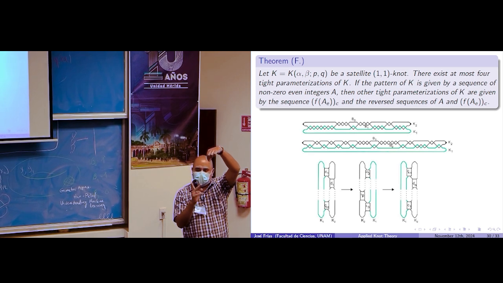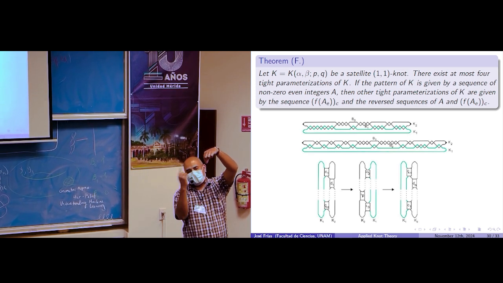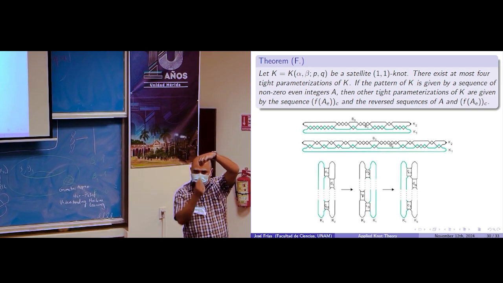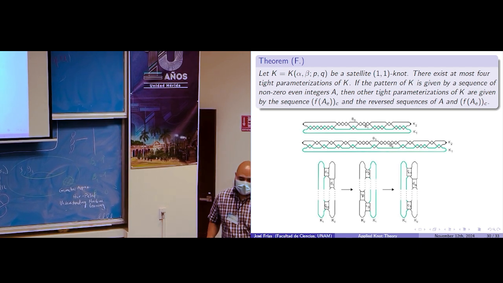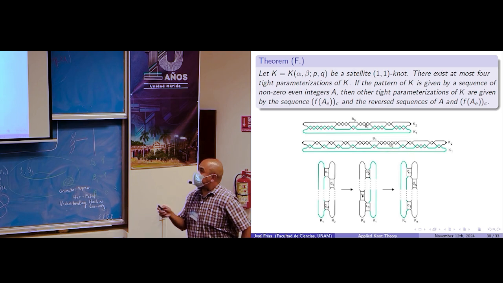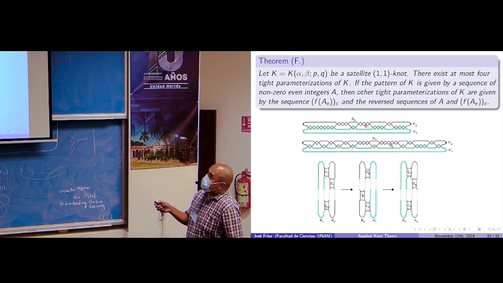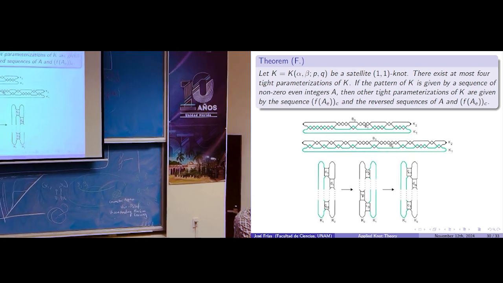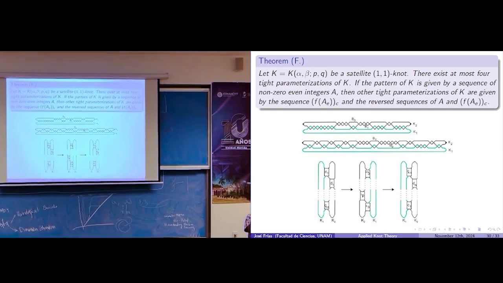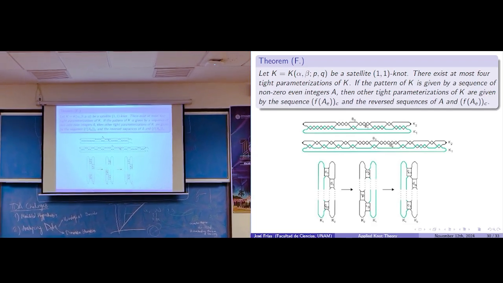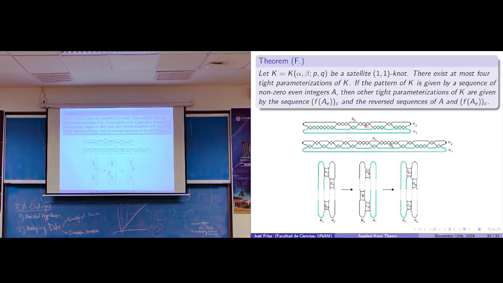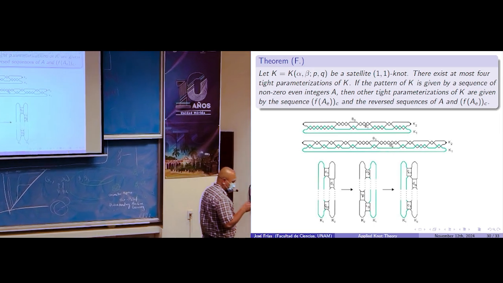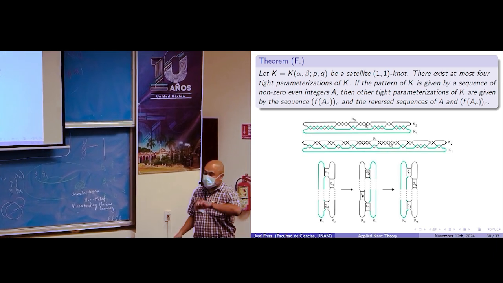So change the roles of these 2 arcs. So the arc which is winding around now is vertical, and the other is winding around. So that's the second parameterization. So we have 2 parameterizations, and then just change the order of the pattern, as you can see here. So we have 2 more, and that's all the possibilities. So it's nice.